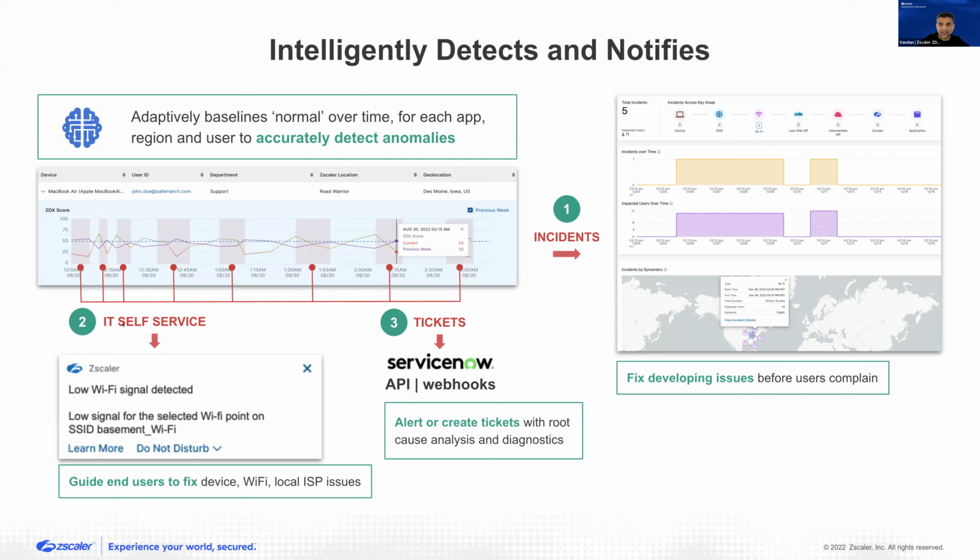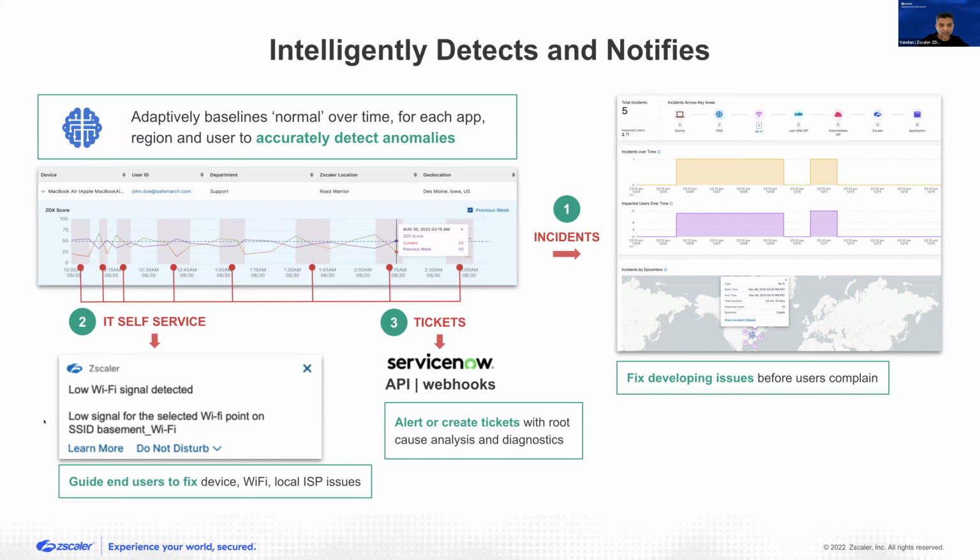The third one is really for the end user who is working from home or remotely, basically who is not in the office, right? We have seen it gets extremely difficult for the IT department to troubleshoot somebody's home Wi-Fi network.